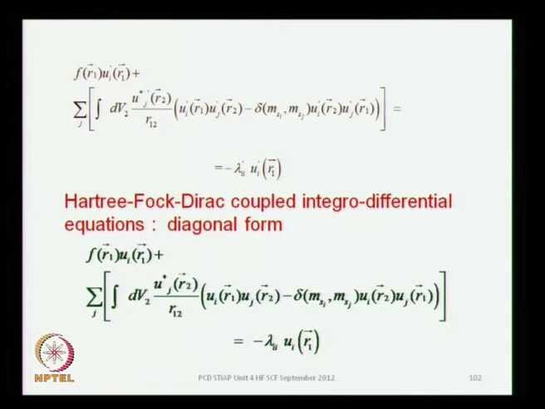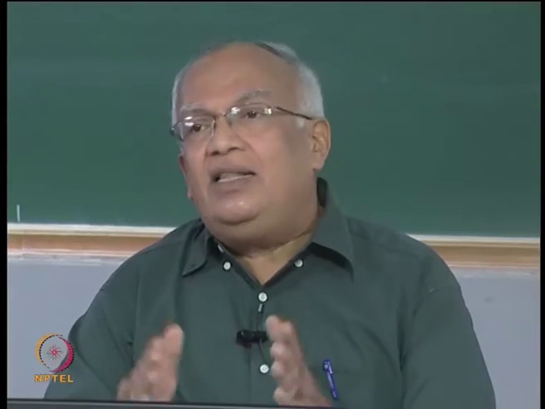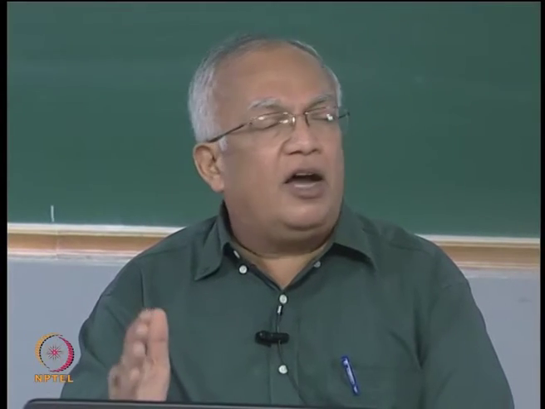Sometimes these are also called Hartree-Fock Dirac, because if the one-electron orbitals are not just the spin orbitals, the two-component spin orbitals, but if these are the four-component Dirac orbitals, you can do this entire analysis in exactly the same way and extend this whole formalism from the non-relativistic Hartree-Fock to the relativistic Hartree-Fock, which will make it the Hartree-Fock Dirac formalism. Okay?